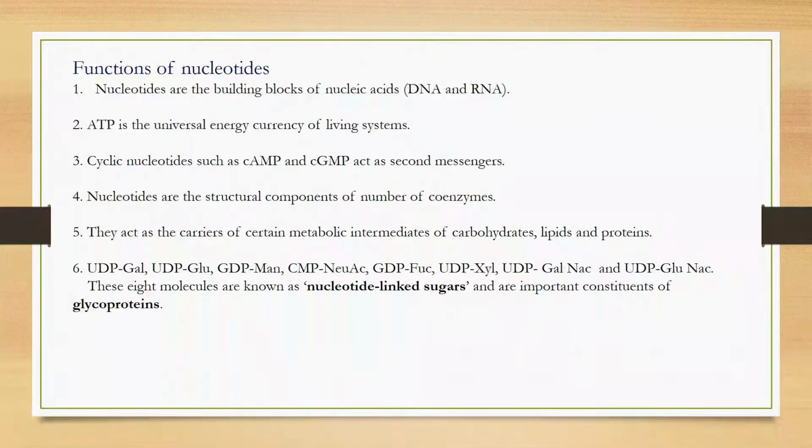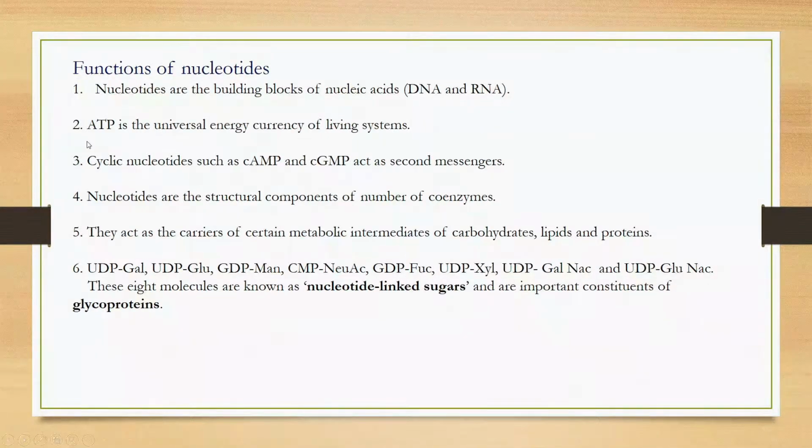The photosynthesis in plants and the breakdown of metabolic fuels like carbohydrates, lipids, and proteins result in the formation of ATP from ADP. ADP levels regulate the rate of ATP synthesis in mitochondria, and that is called oxidative phosphorylation.